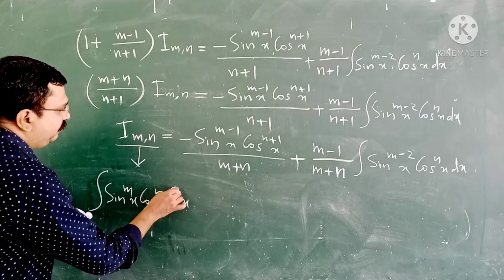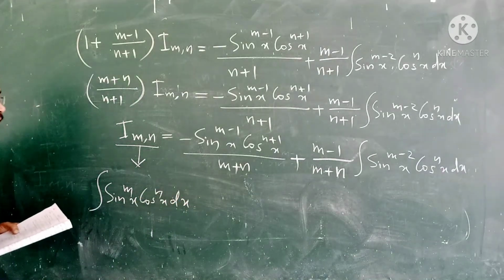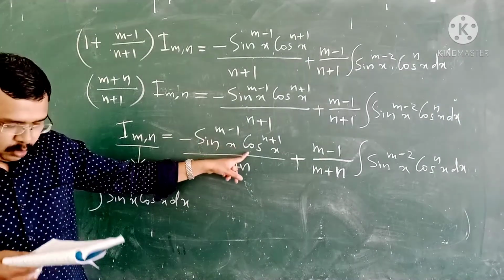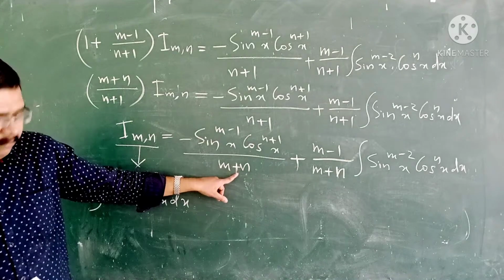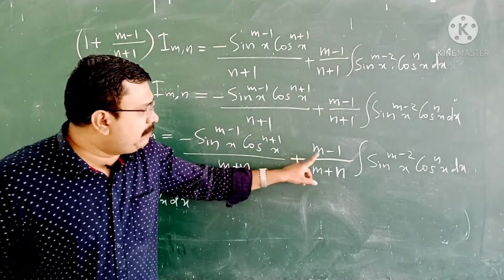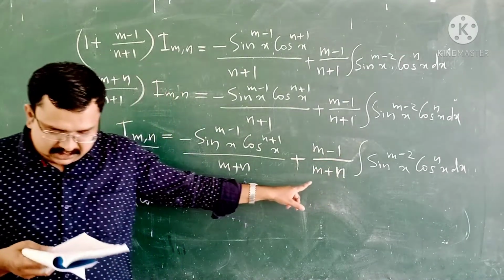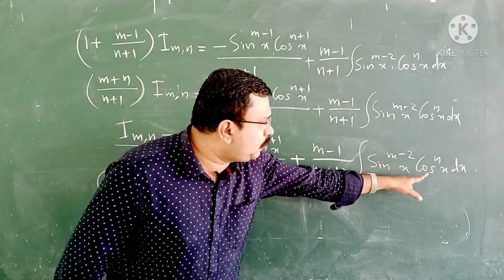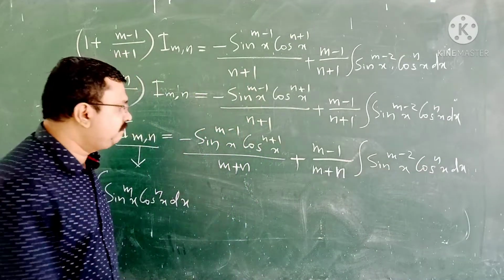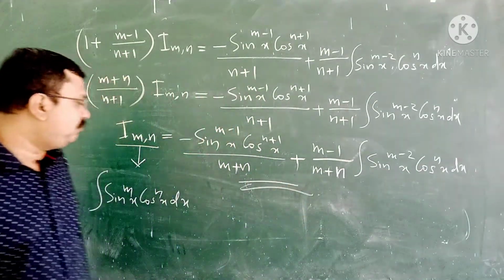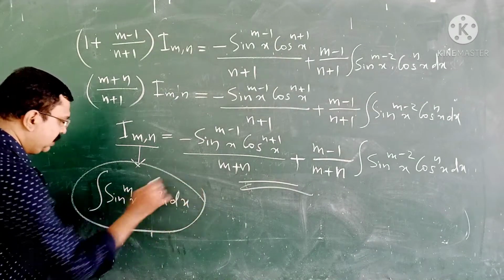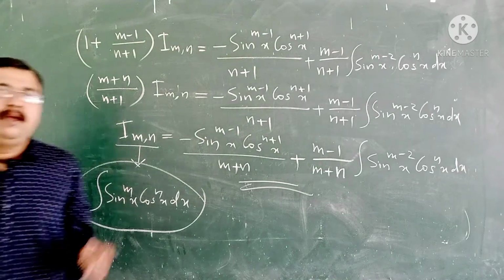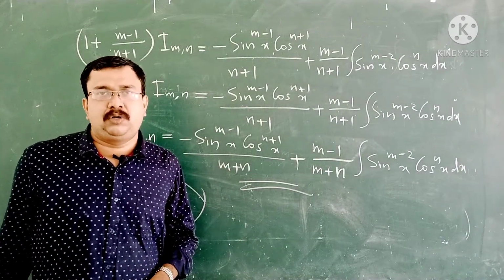That is equal to, we will get the answer as minus sin raised to m minus 1 x cos raised to n plus 1 x divided by m plus n, plus m minus 1 divided by m plus n into integral of sin raised to m minus 2 x cos raised to n x dx. Okay, this is our reduction formula for integral sin raised to m x cos raised to n x dx. Please write down in your notebook.